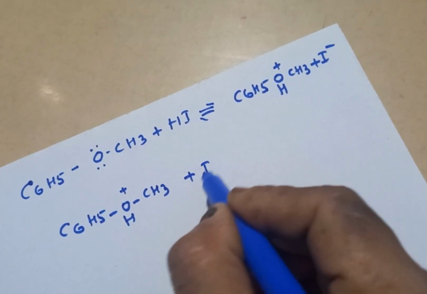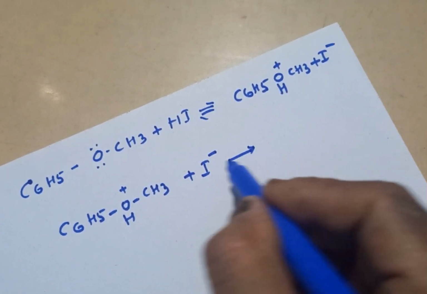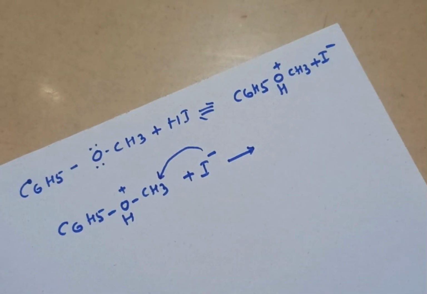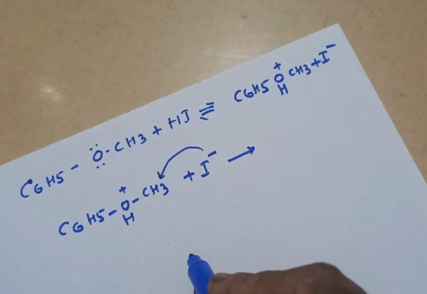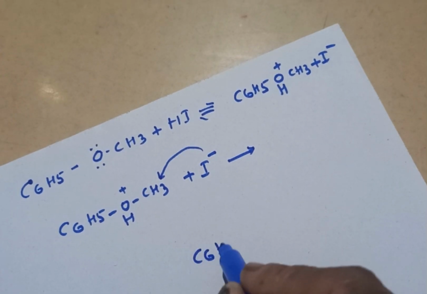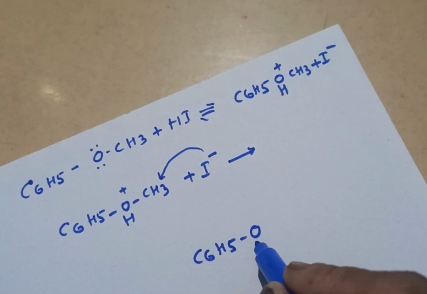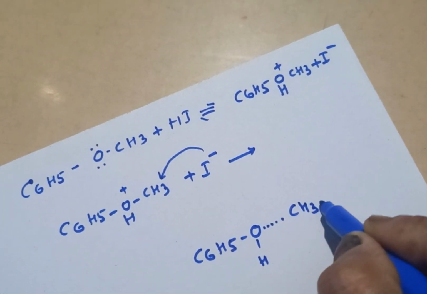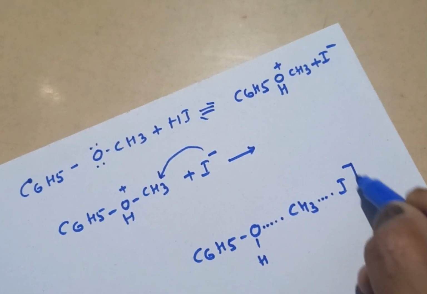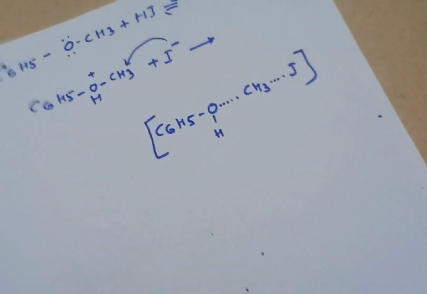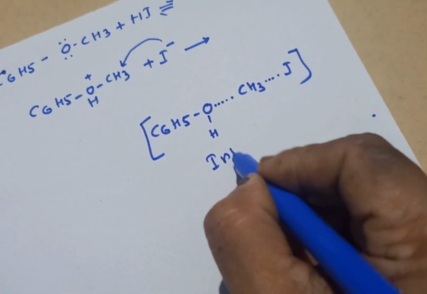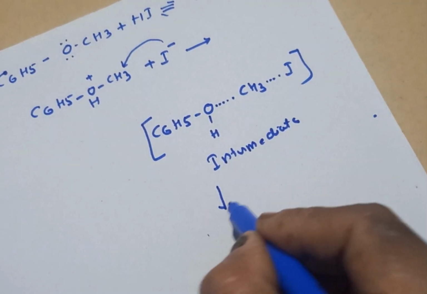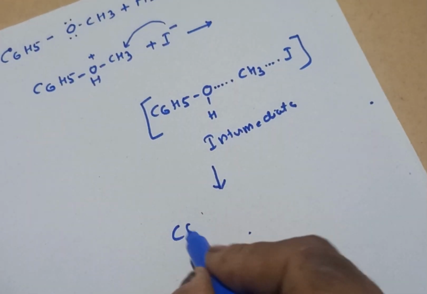Now this I minus follows the SN2 mechanism and attacks this one. In the SN2 mechanism, we know that an intermediate is formed. How? Like breaking of a bond and forming of a new bond. This is an intermediate and unstable, so immediately it cleaves to form the products.